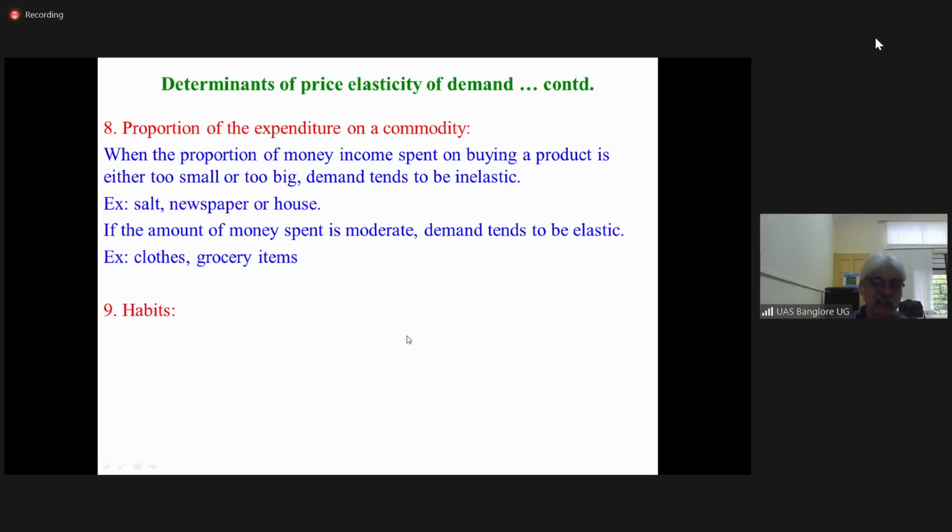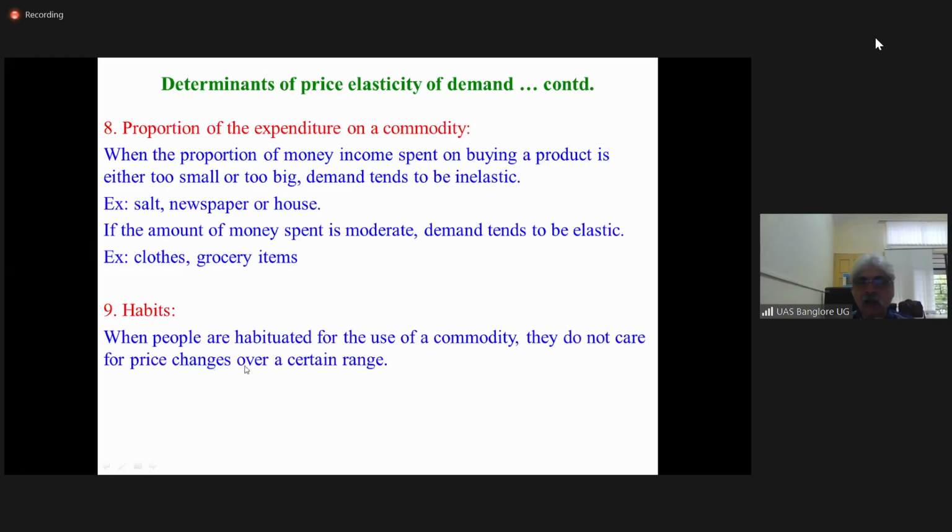It becomes elastic. When people are habituated to the use of a commodity, they do not care about price changes over a certain range. If it is 50 rupees per packet, and it goes up to 60 rupees, you don't mind. But if it becomes 100 rupees, then you will start thinking. Instead of 10 cigarettes a day, you will cut down to 4 cigarettes a day.